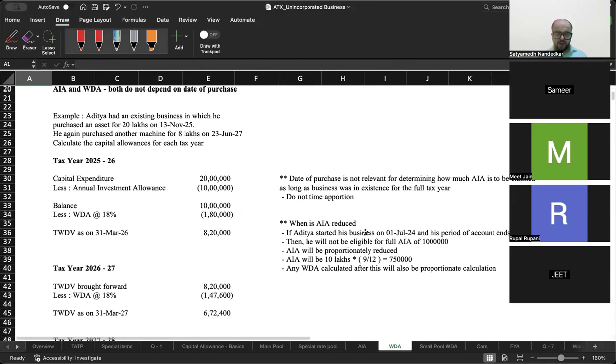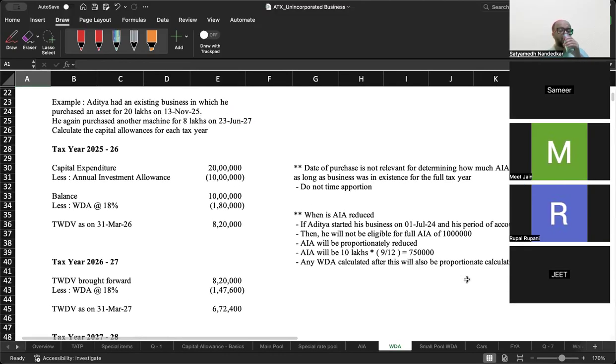Okay. Now once just have a quick look at these calculations. Capex minus AIA, on the amount that is left, you calculate the written down allowance.